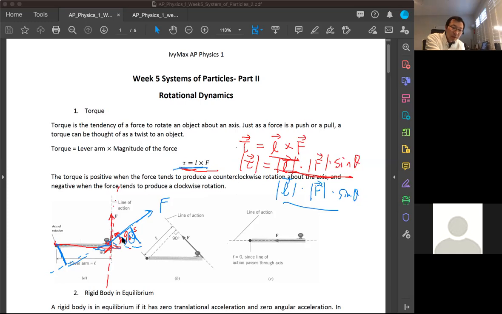This is theta, and that will be your lever arm, right? Okay. All right, so this is the first definition of torque. Let's clear that. All right.